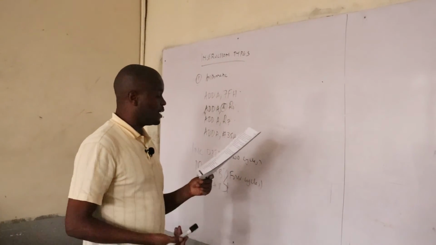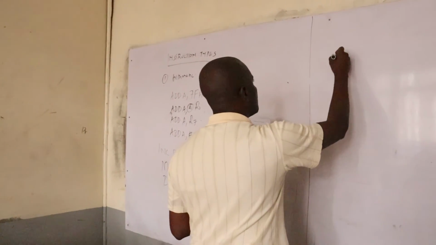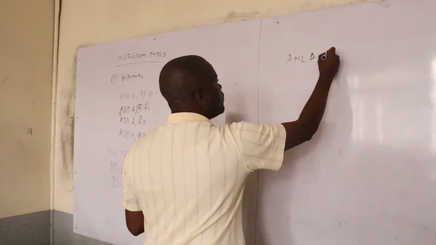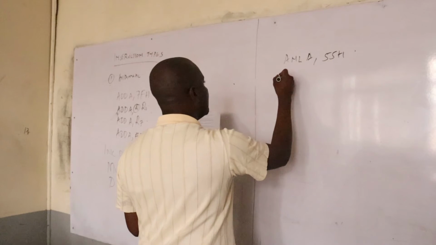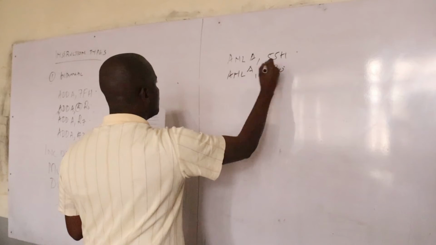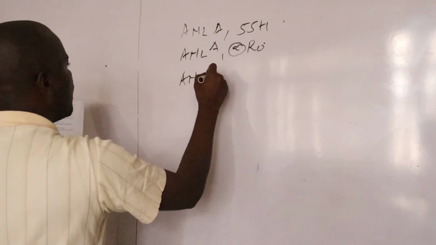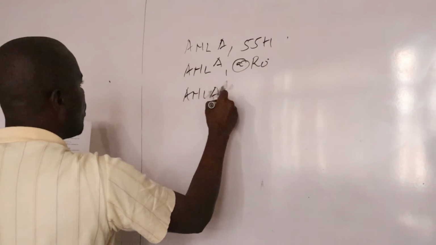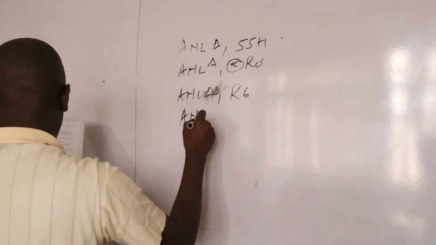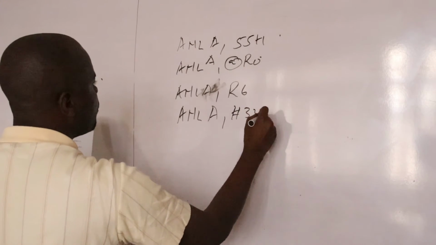For example, the different modes for logical instructions: ANL A, 55H is for direct, ANL A, @R0 is for indirect, ANL A, R6 is for register, then ANL A, #33H for immediate.